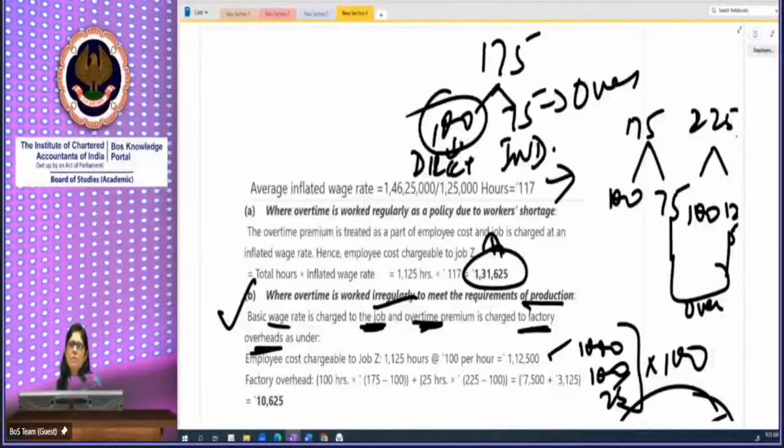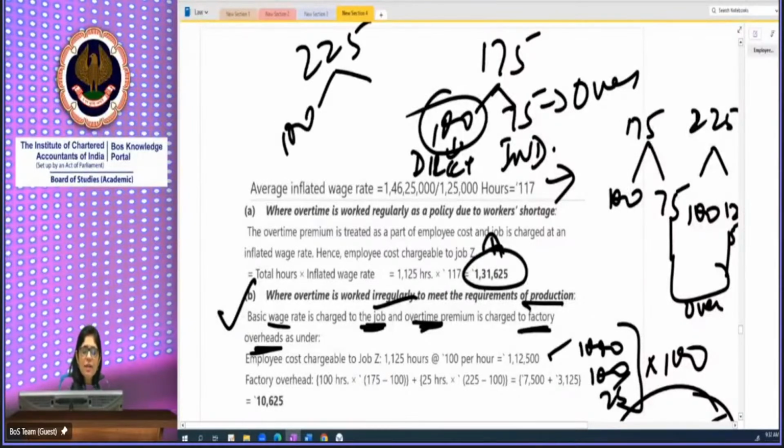Clear? So out of whatever the overtime rate is, the proportion of normal or basic will always go to the production cost as direct cost. But only the overtime premium will go to indirect or overheads. Is it clear? In 225 also, 100 is always direct.